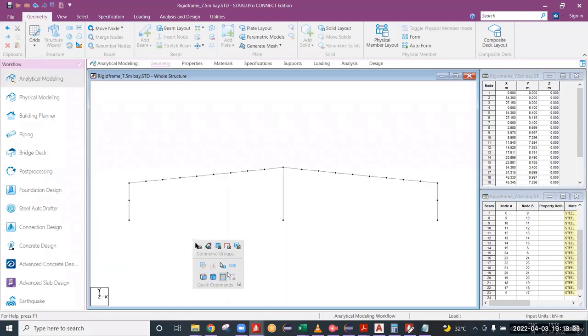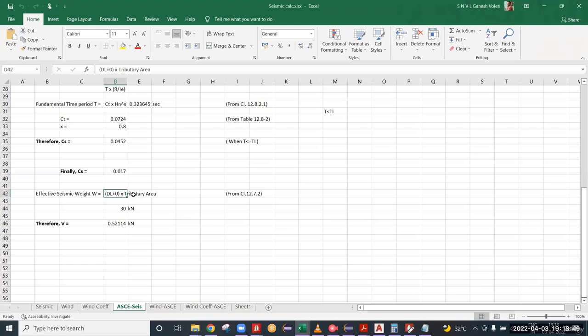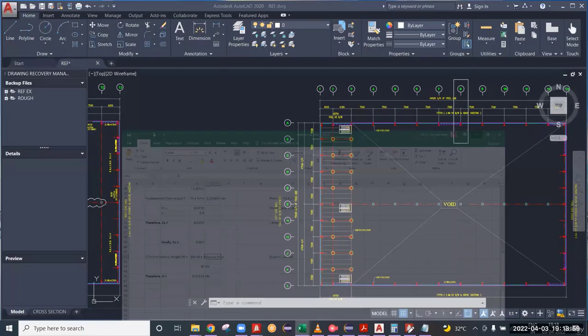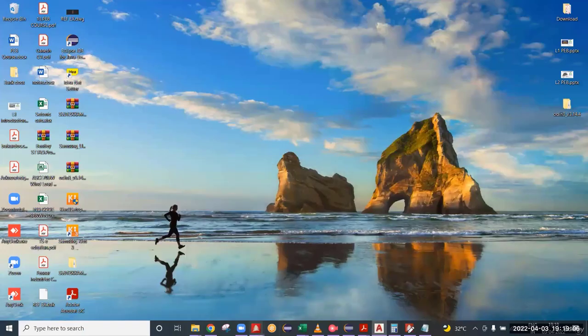So along the width we have provided geometry, so no need to give this width now, because we have mentioned here tributary area. Tributary area means tributary length into width. Okay, so width already we have given in the geometry, so you need to give tributary length only. What is the tributary length? 7.5 plus 7.5 divided by 2, that is 7.5. Like that we will do.